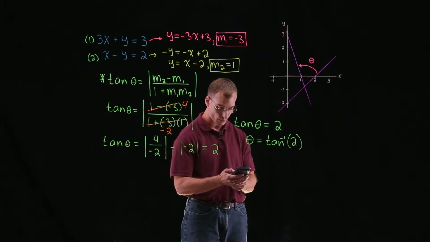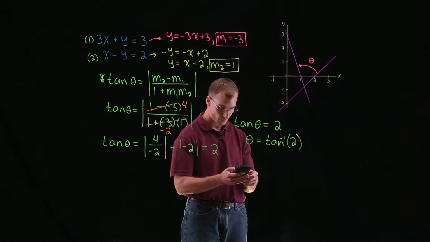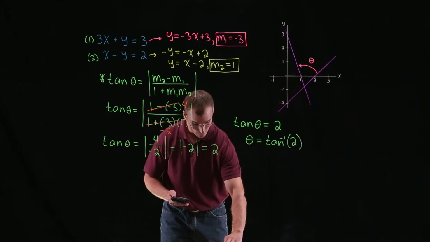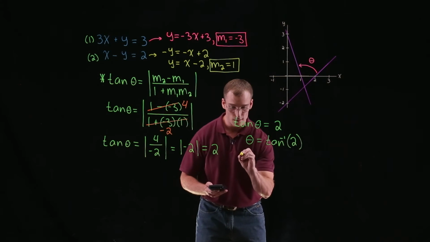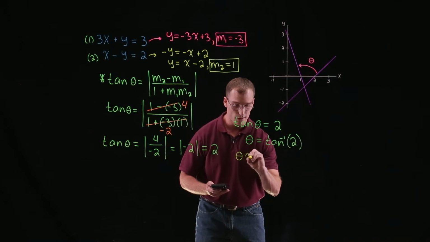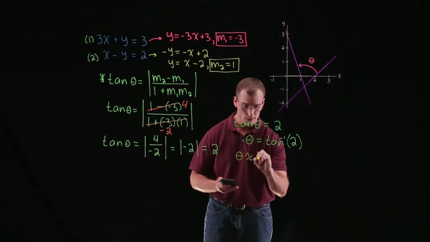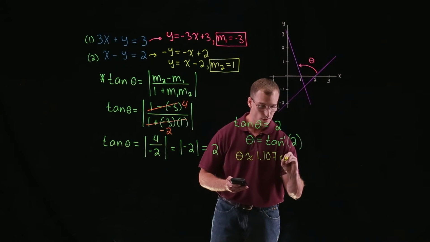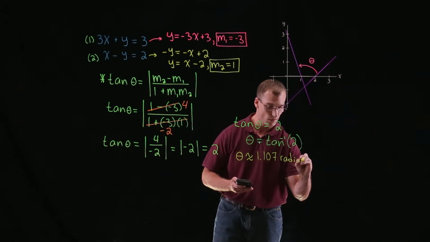So let's make sure we're in radian mode. Simply typing in tangent inverse of positive 2, we get that theta is approximately equal to 1.107 radians.